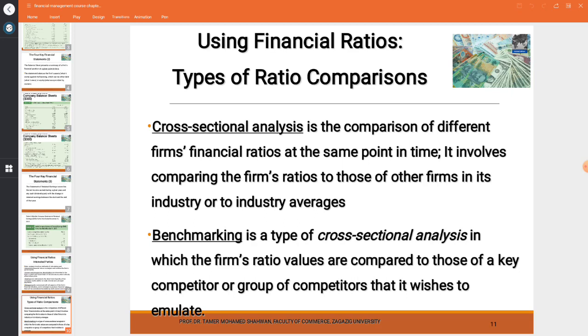You are seeking to know what your competitors are doing. Then you take one ratio or more of your firm at a specific date and compare it with your competitors to see how your situation is, and this is called benchmarking.